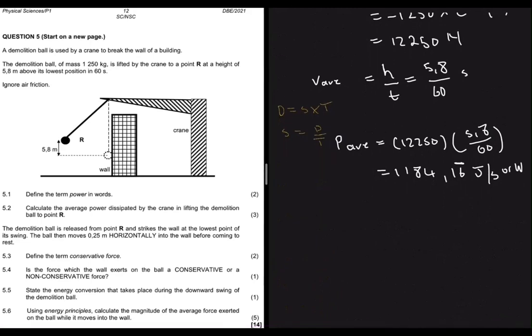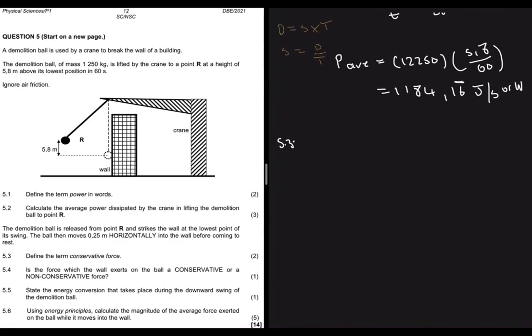Let's move to 5.3. There's some more information given that says the demolition ball is released from point R and strikes the wall at the lowest point of its swing. The ball then moves 0.25 meters horizontally into the wall before coming to a rest. So let's say 5.3, and then let's sketch that down.